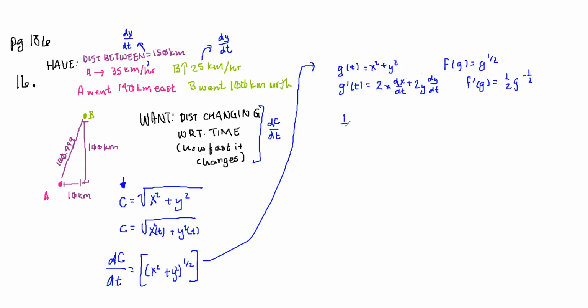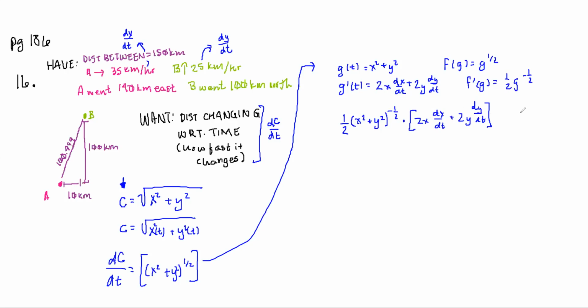It is going to end up being 1/2 and g is equal to x squared plus y squared to the negative 1/2 times the quantity 2x dx/dt plus 2y dy/dt.